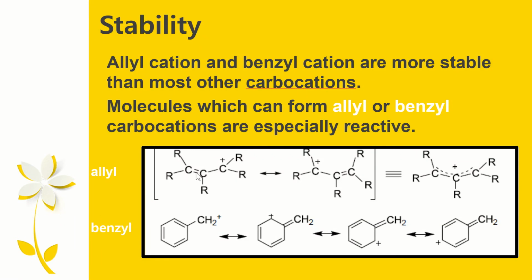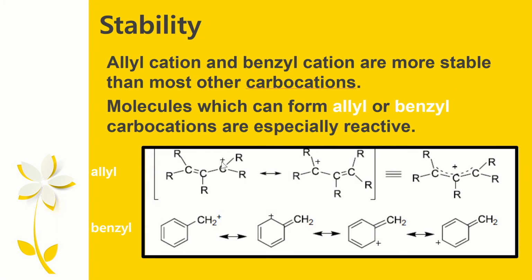So what is the allyl or benzyl, right? So here we have a carbon-carbon double bond and we have a carbocation here. So an allylic or allyl, right? So we have a carbon that is positively charged, then we have a single bond, then we have a double bond, right? That's all you need to remember.